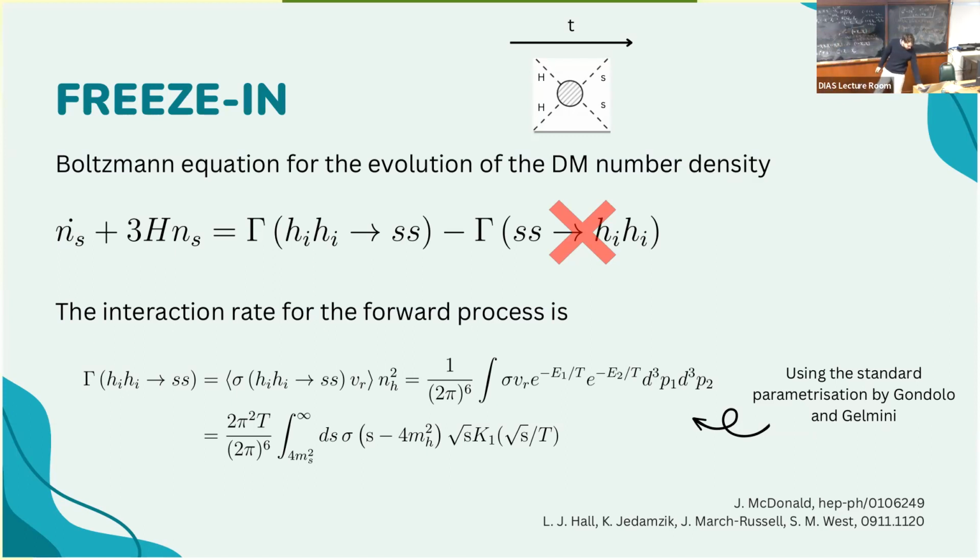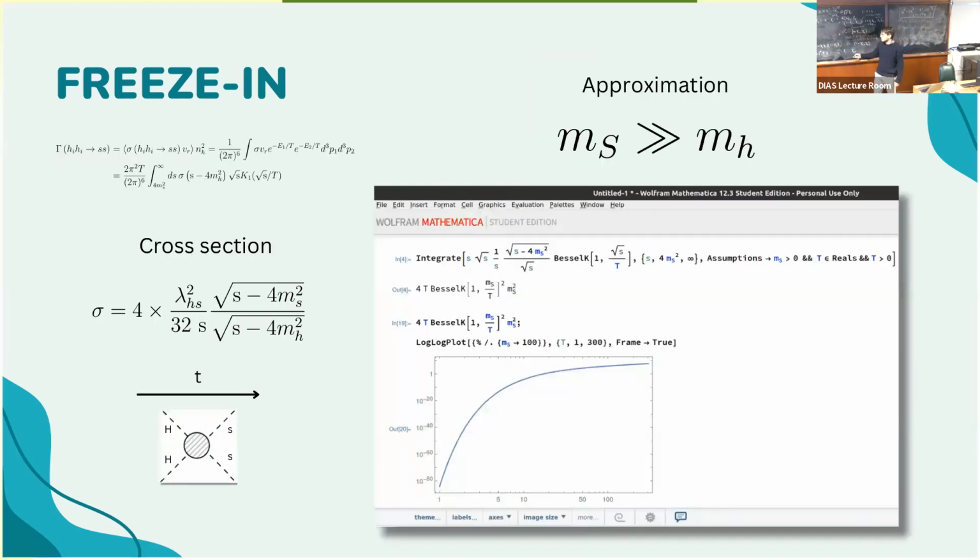And if you go on and do that integration, approximate it, for example when your dark matter mass is much bigger than the Higgs mass, then it's just one line in Mathematica, you can plug it in, and you get a Bessel function with the mass of the scalar over the temperature. So here we can see already how this production rate goes.